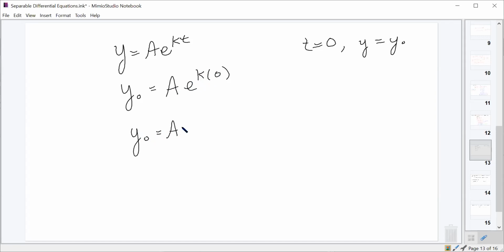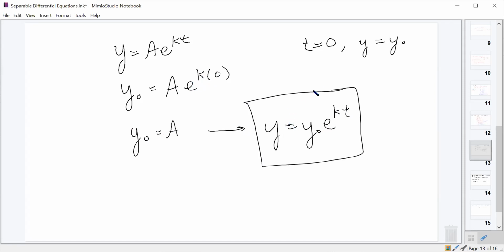So we end up with y naught equals a, which leads us to the formula that we are probably most familiar with: y equals y naught e to the kt. So the amount of y is equal to the amount of y that we started with, times e, Euler's constant, raised to the power of k, some constant given to us, times t, the time period. Good or no?